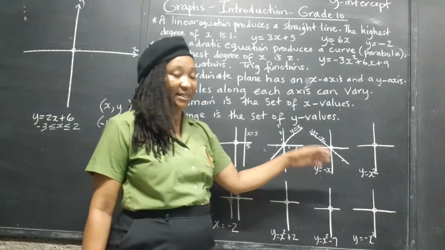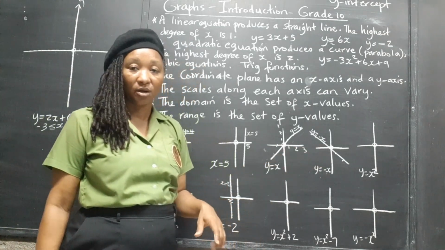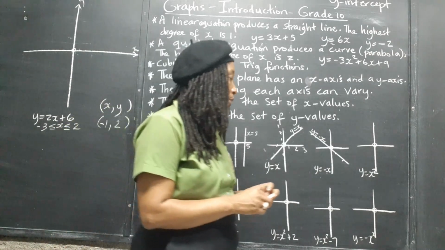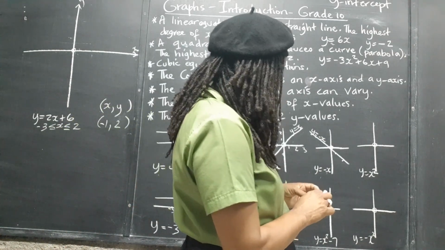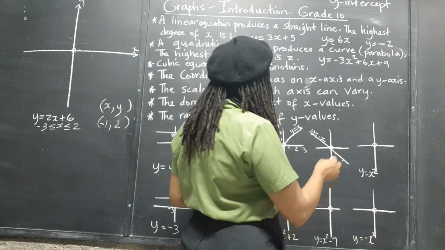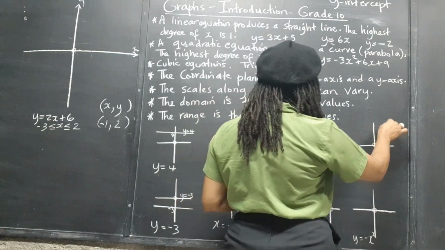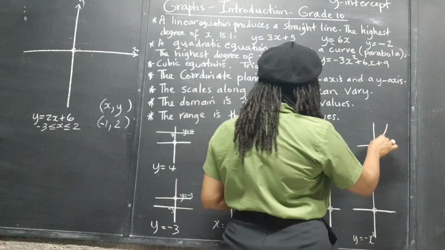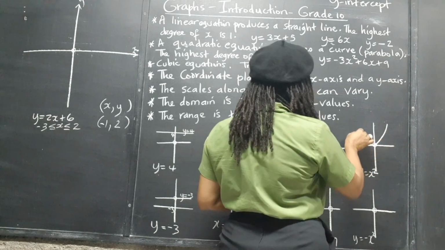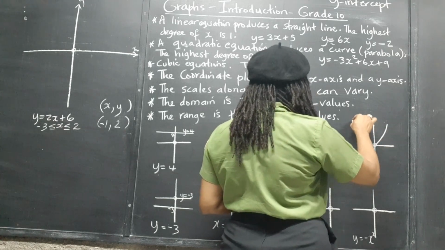Y equal x squared. So y equal x squared will cut like that. So this is the basic parabola.